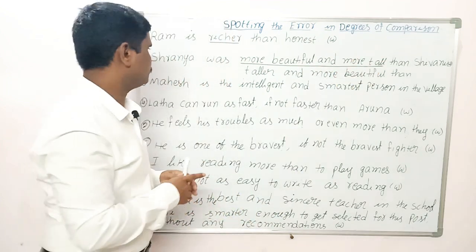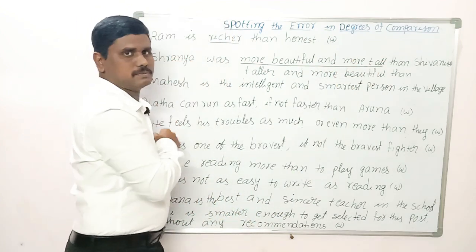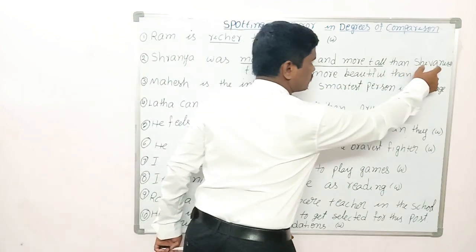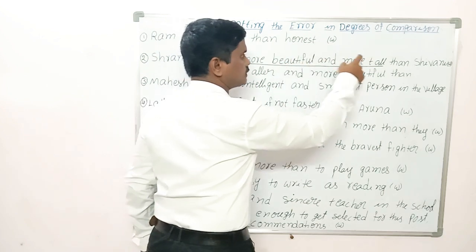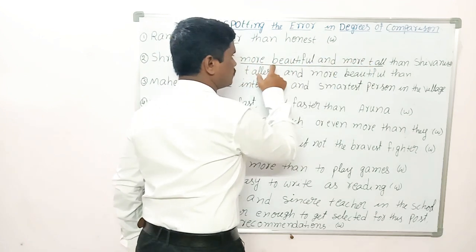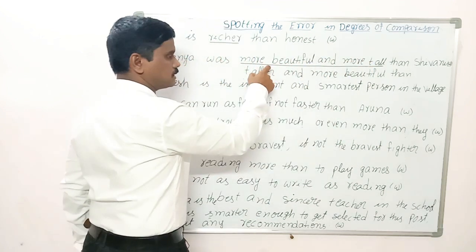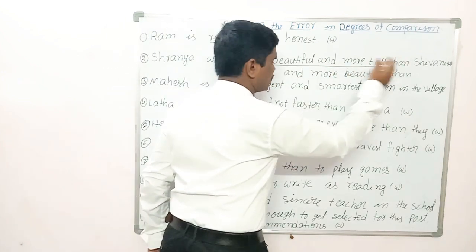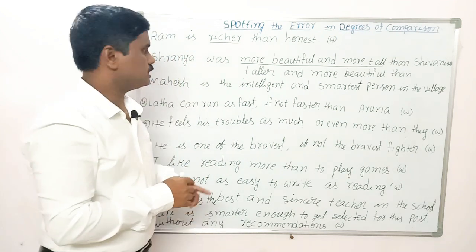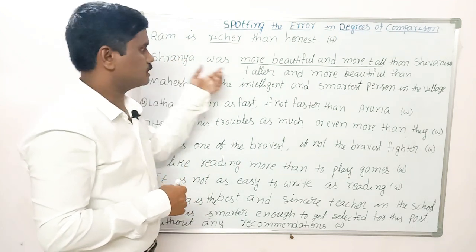Here listen carefully. Sharanya is one subject, Shivani the other subject. So here this is the quality, this is the quality. These 2 people, Sharanya is tall, of course Shivani is also tall. Both these 2 subjects have this quality.